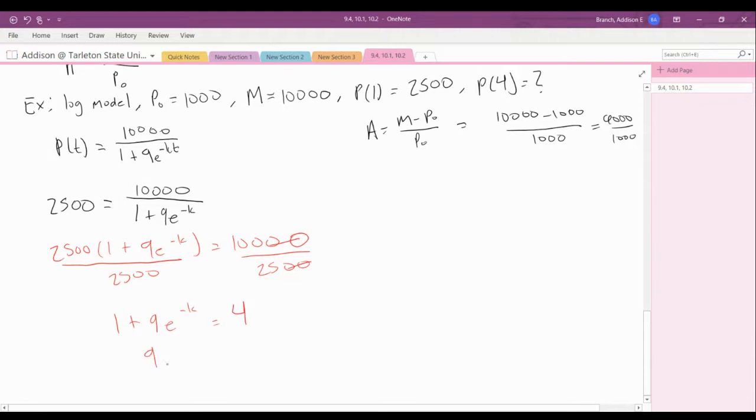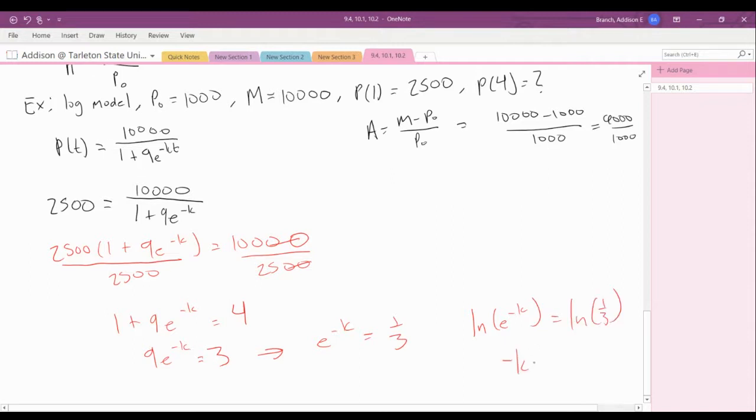Subtract 1, we get 9e to the negative k is equal to 3. And therefore e to the negative k is equal to 1/3. And we can take the natural log of both sides. So we get natural log of e to the negative k equals the natural log of 1/3.